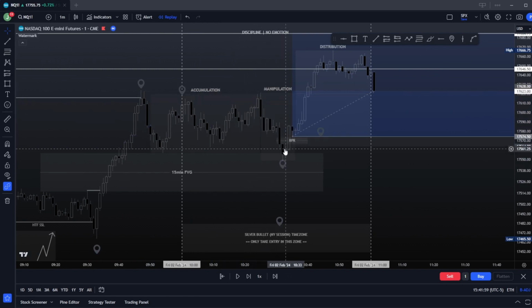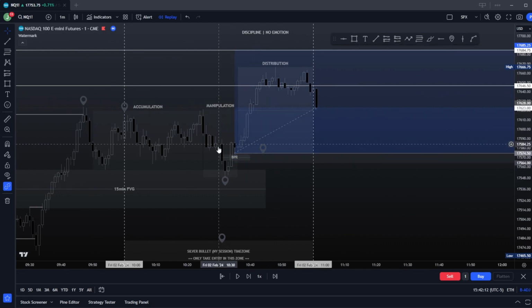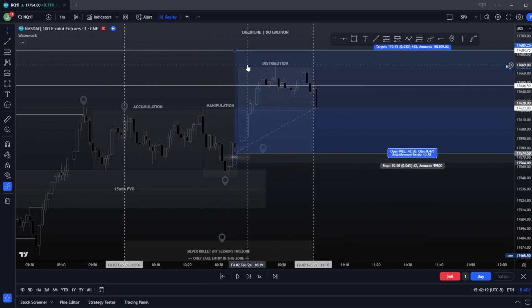Manipulation, we had a push to our downside. The manipulation making us think that on a lower time frame, this was our silver bullet to the downside, and that we should enter bearish. This is our manipulation. And then we have our distribution. This is our distributionary move, our expansionary move.